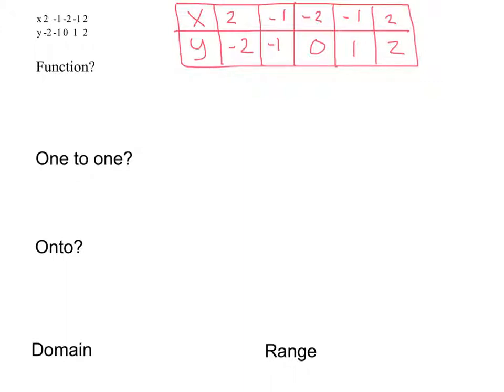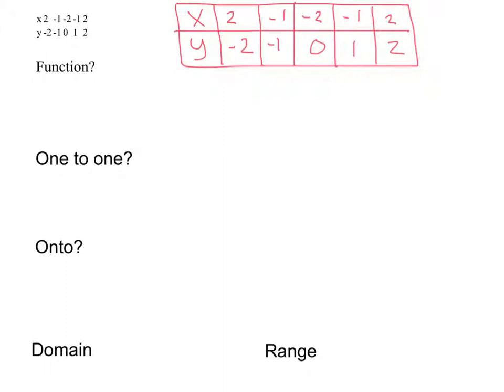Thinking about, is it a function, we want to make sure that each x value only goes to one y value. Here we have 2 going to -2, and we also have 2 going to +2. So we know that it's not going to be a function because of that. We also see that happen with -1. -1 is paired with -1, and -1 is paired with +1.